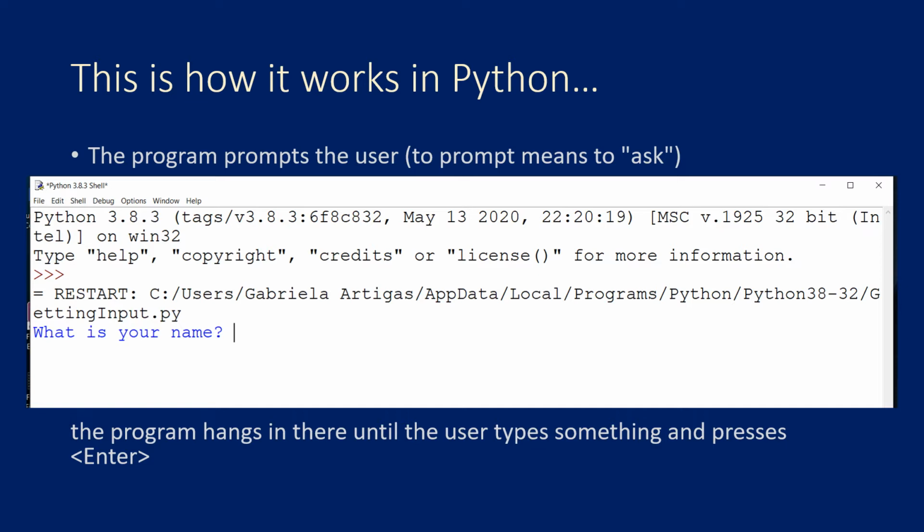In reality, what makes it keep going is the enter key. You can type in a zillion names, but if you don't press the enter key, nothing will happen. And you can leave it blank, and as long as you use the enter key, it will move on to the next task that was spelled out in the program.